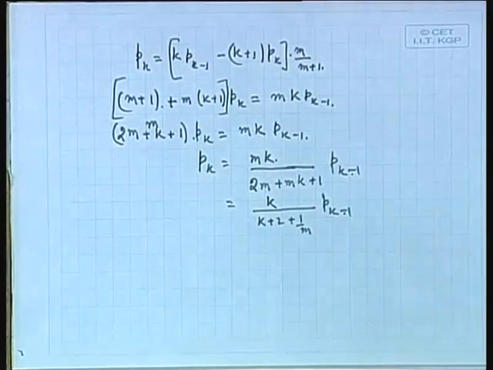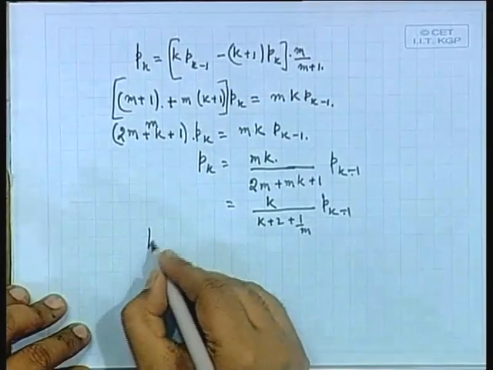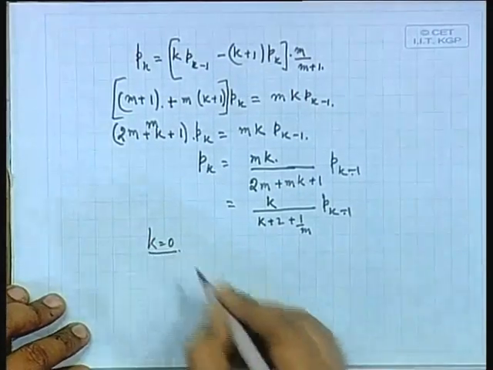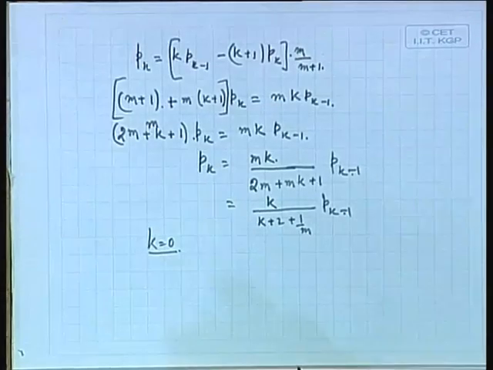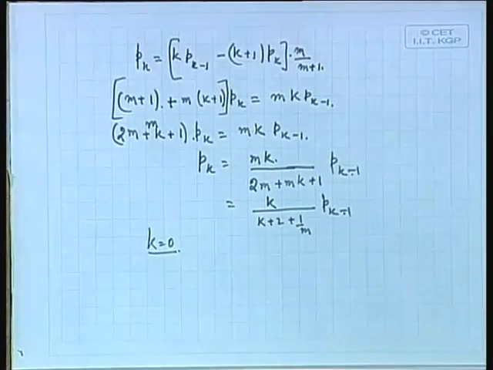And so now let us think what will be for k is equal to 0.